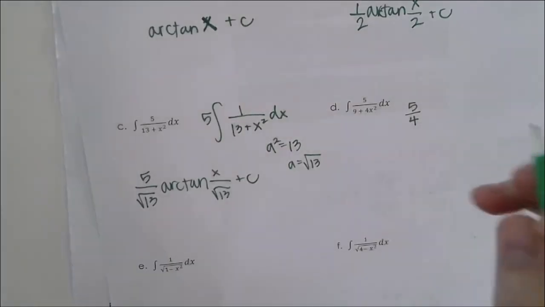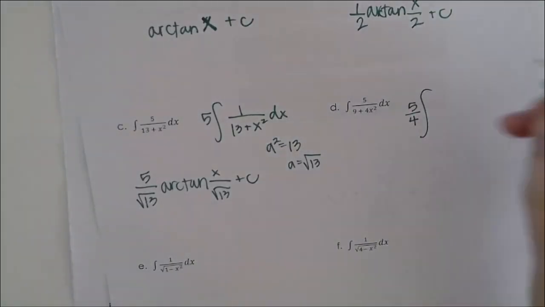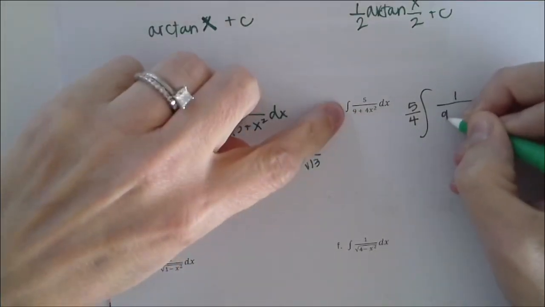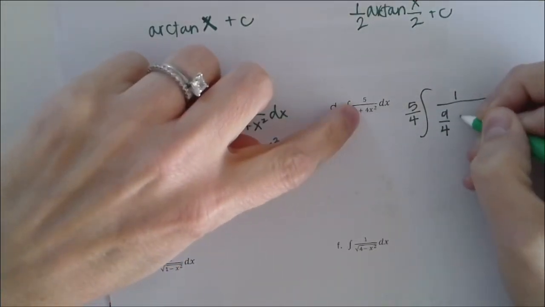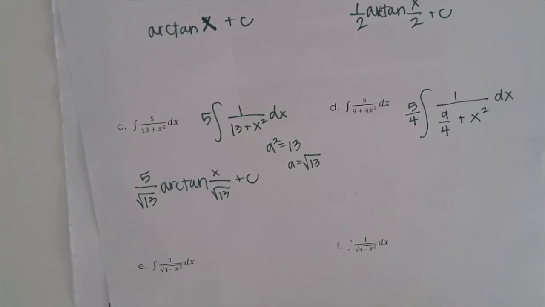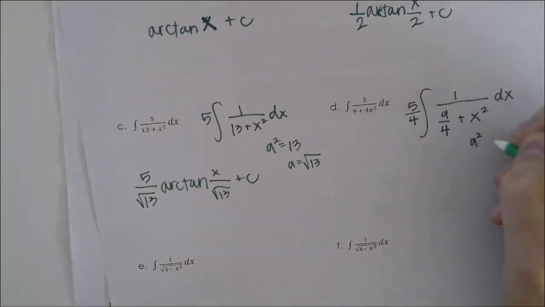So my denominator is going to have a factor of 4 factored out. So my numerator is now just 1. 9 divided by 4 is this first term, plus, if I factor out the 4 there, we're left with x squared, which is what I wanted. So now this is a little bit closer. Again, the a squared is not super pretty, but easy to take the square root of. That would just be 3 over 2.